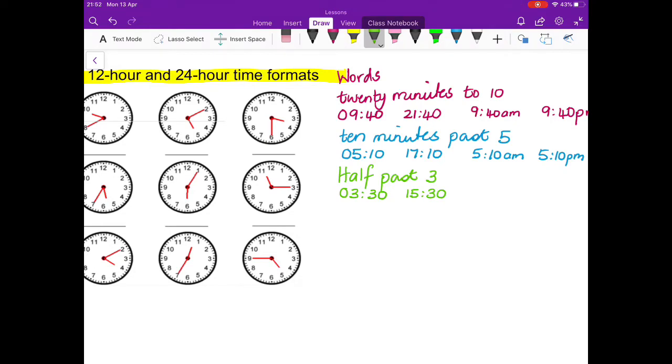If we're using the 12-hour clock, it would be 3:30 a.m. or 3:30 p.m. To find the 24-hour clock, what you are doing to get from there to there, you are going to add 12 hours. So 5 plus 12 is 17. 9 plus 12 is 21. So that is how you would convert to the 24-hour clock. You have to know the formats of both.